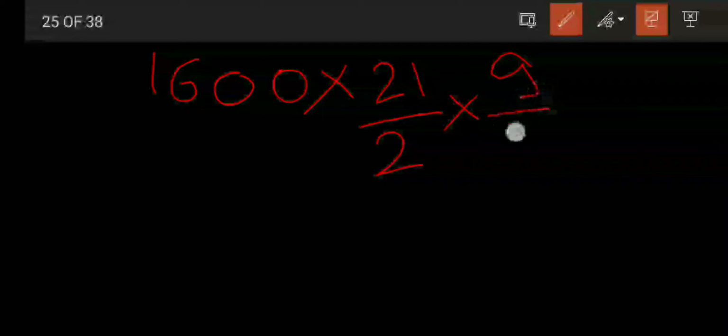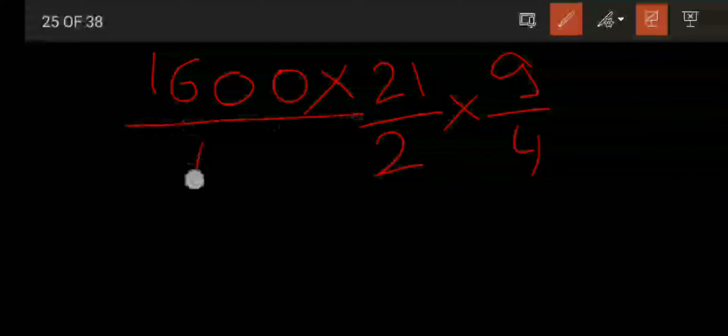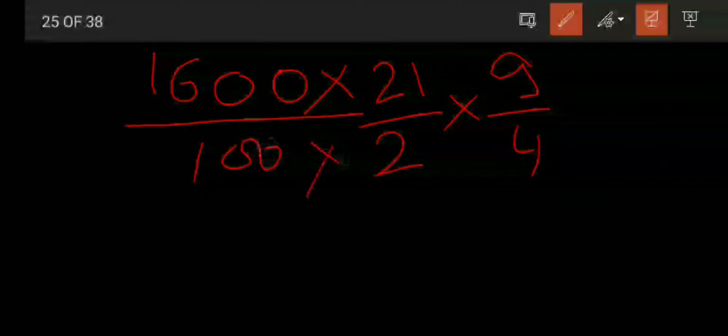So, principal is 1600 into rate of interest, that came as 21 by 2, into time, that came as 9 by 4, divided by 100. So, it will be written like this.